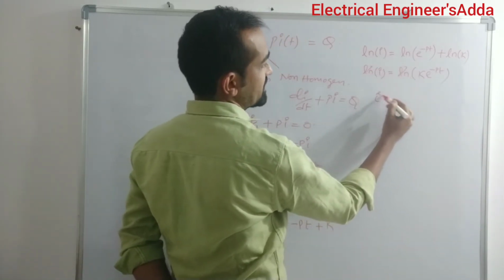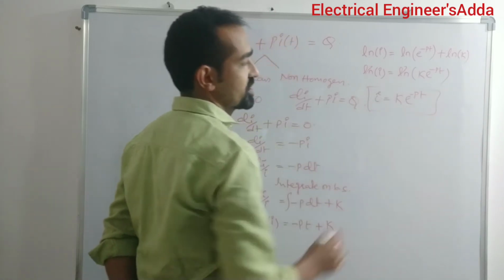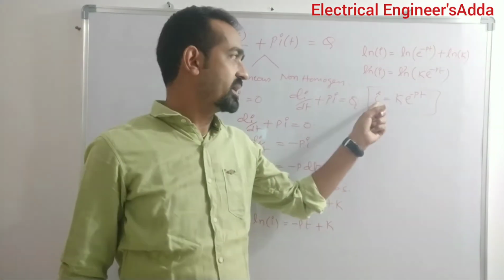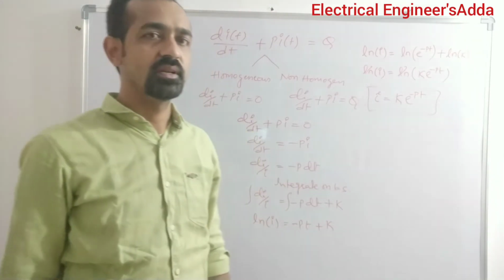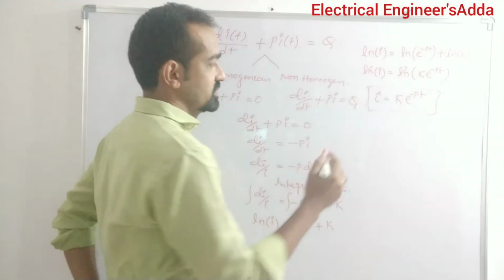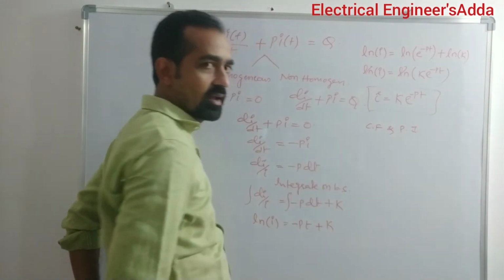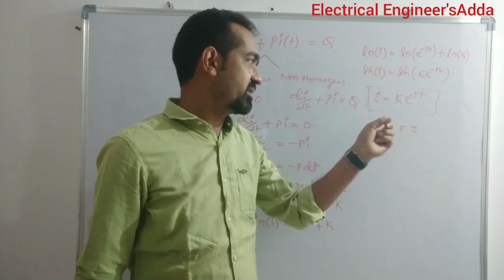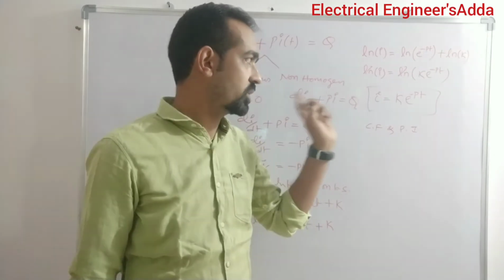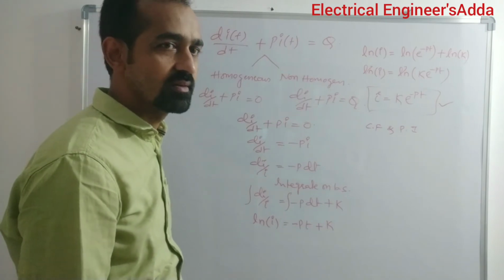The ln cancels, so i equals k e power of minus pt. This is the solution of the first order homogeneous differential equation. Any solution of a first order differential equation has two terms, the complementary function and the particular integral. The homogeneous equation has only the complementary function; the particular integral is 0.